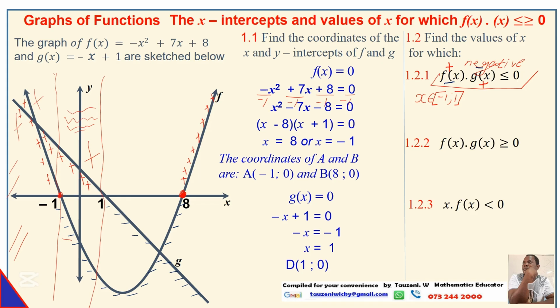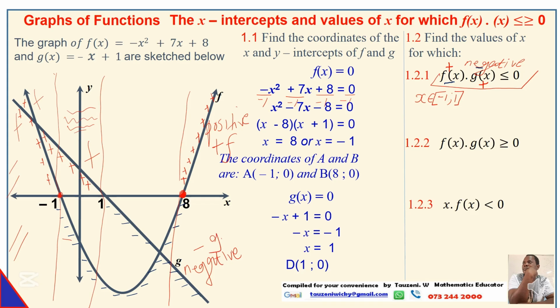Look at what's happening from 8 going to the right-hand side. At the bottom here, this is your straight line, which is g. It is negative. Up here you have the graph of f. It is positive.